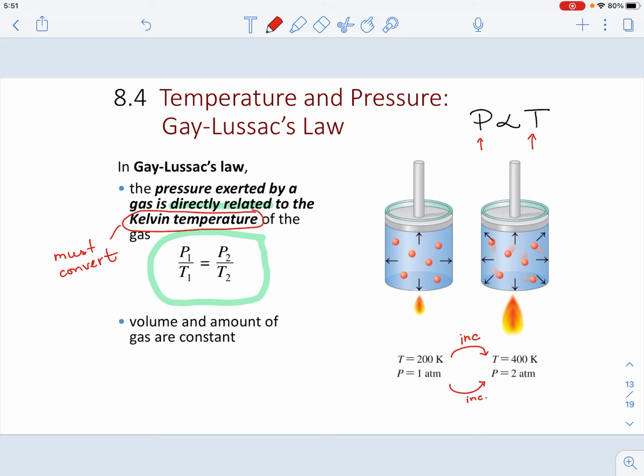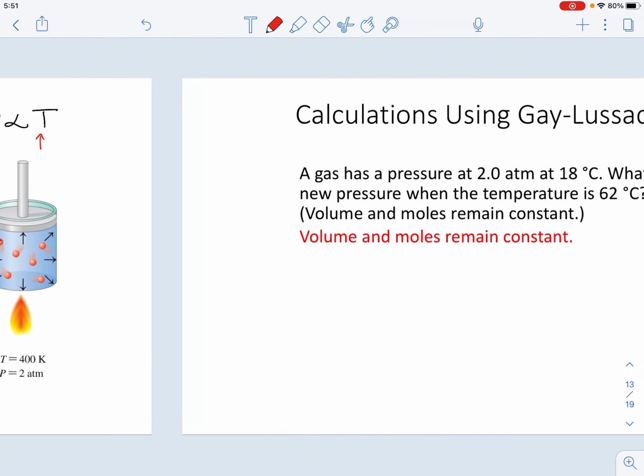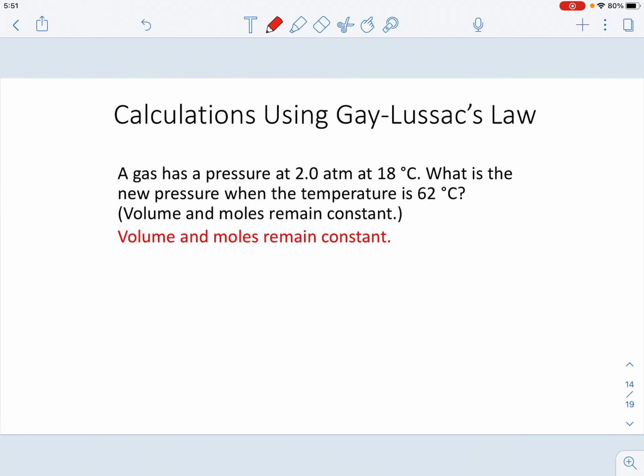But let's actually look at a problem. Here we have specifically a calculation for Gay-Lussac's Law. And our problem states, a gas has a pressure of 2.0 atm at 18 degrees Celsius. What is the new pressure when the temperature is 62 degrees Celsius?